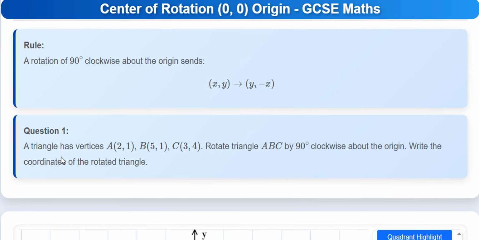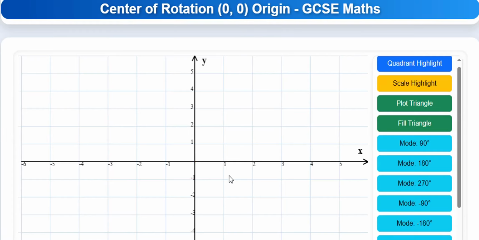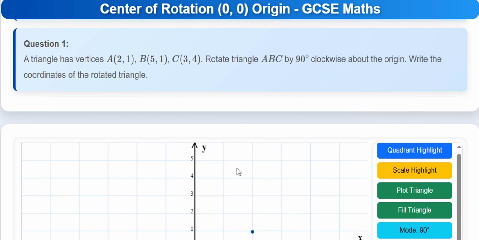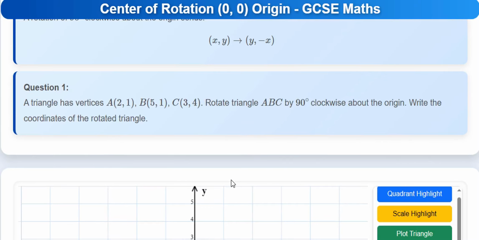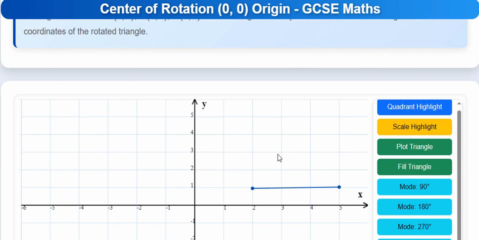A is (2, 1), so on the x it is 2, then on the y it is 1. Then B is (5, 1), somewhere there. And the last one is (3, 4), somewhere there. And that becomes our original triangle.